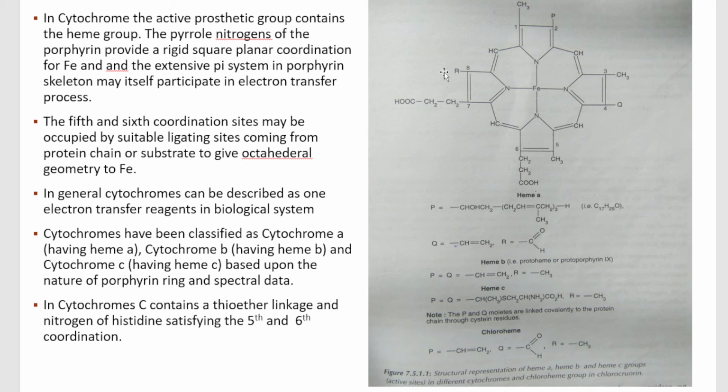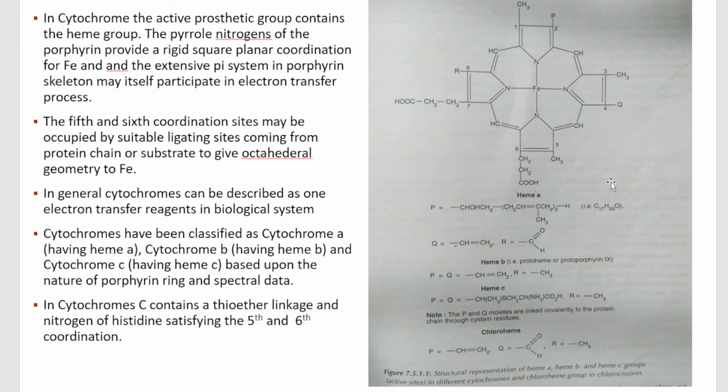And overall, if the fifth and sixth coordination is satisfied, this whole protein will get an octahedral geometry. And in general, cytochromes are described as electron transfer reagents. That is, what is their function? Their main function is electron transfer.